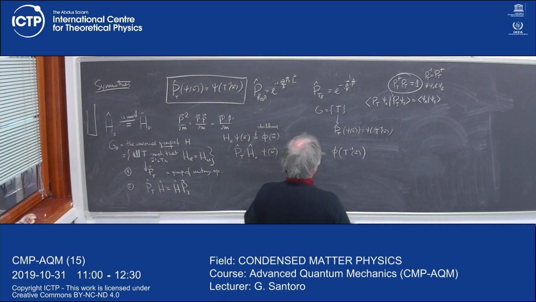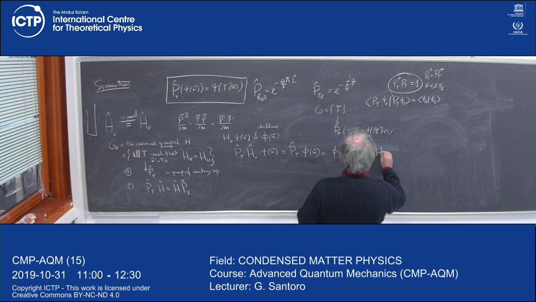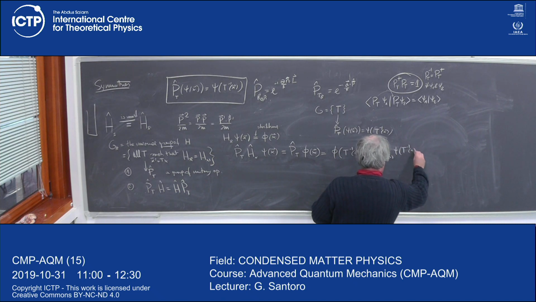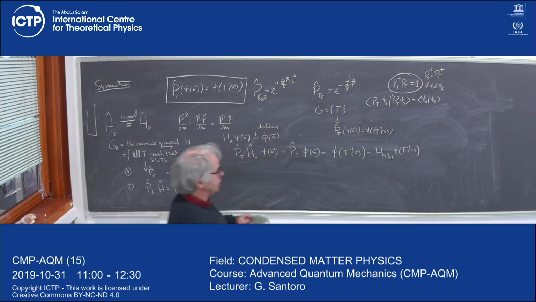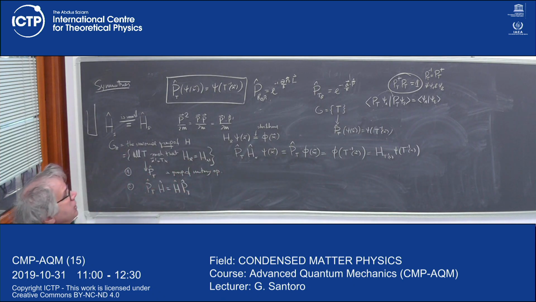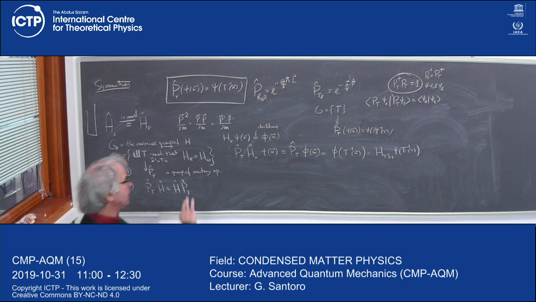Which means the Hamiltonian in the variables t to the minus 1 of x applied to psi of t to the minus 1 of x. Is it clear? I just copied definitions on the blackboard. Now I do the opposite.